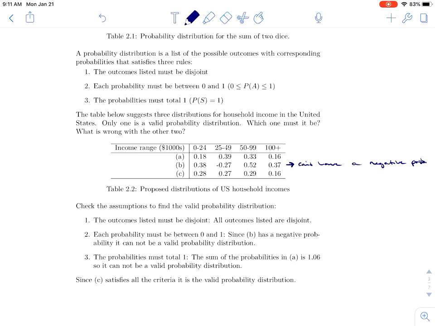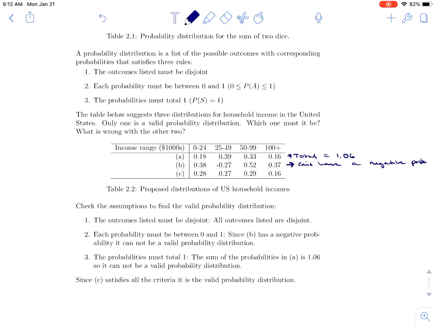They won't, but I think we can just do it quickly. So 0.18 plus 0.39 plus 0.33 plus 0.16 equals 1.06. So it can't be a probability distribution.